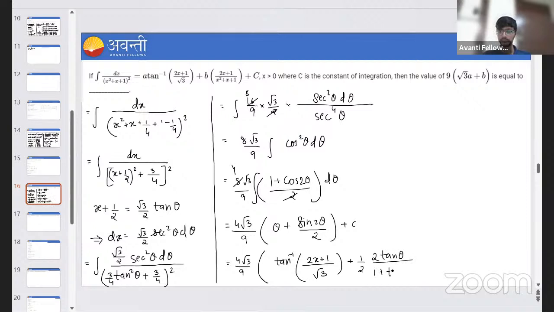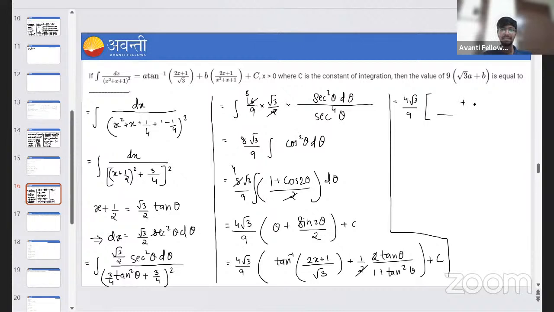upon 1 plus tan squared theta. So 2 and 2 will get cancelled. Let us substitute tan theta here. So क्या मिलेगा? 4 root 3 over 9 into tan inverse, प्लस tan theta की जगह पे 2x plus 1 upon root 3 upon 1 plus 2x plus 1 the whole square upon 3 plus c.